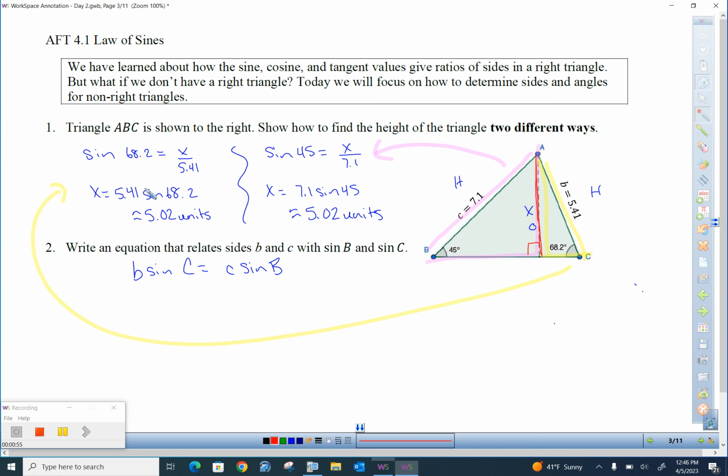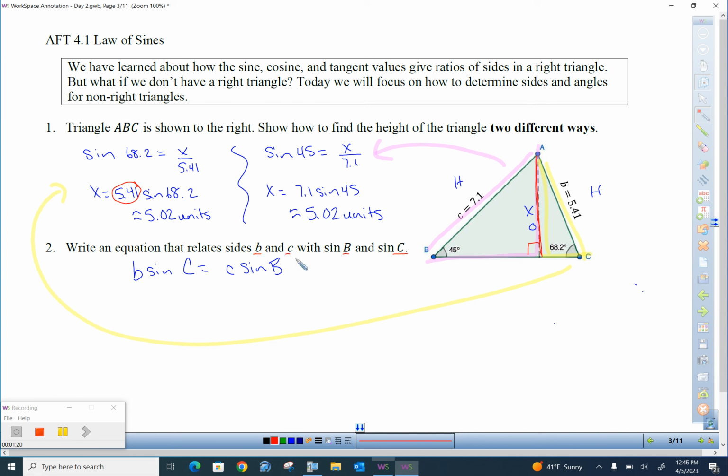And from there, I was just asking you to go back in terms of B and C. So if you had down here still with the numbers, we're just going to look back at those. This 5.41 on the triangle was B, so we'll use that. This 68.2 was the angle C, so that first part looks like B sine C, or it could have been maybe the second one that you did.